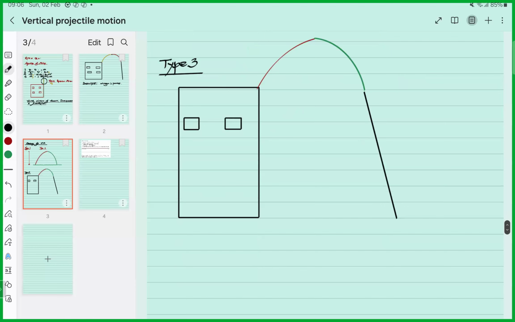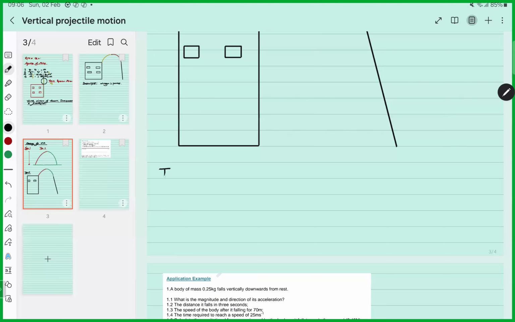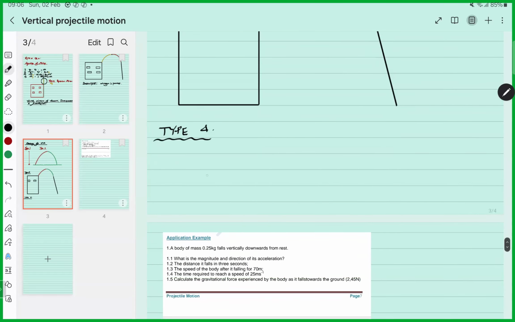Type 4 is an extension of type 3 actually. It's a hot air balloon. It's very much like a building question, but this time you're basically releasing the object from a hot air balloon. You've got a hot air balloon that's rising, and as the hot air balloon is rising, you're going to throw something up into the air.